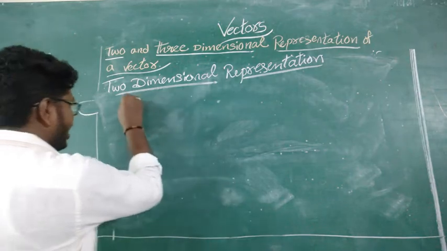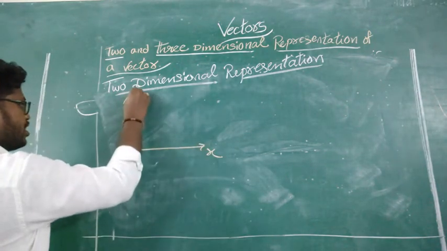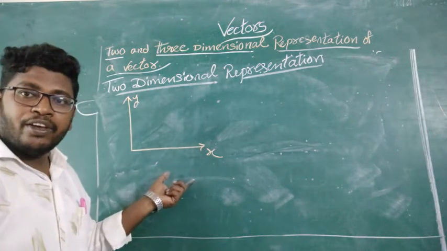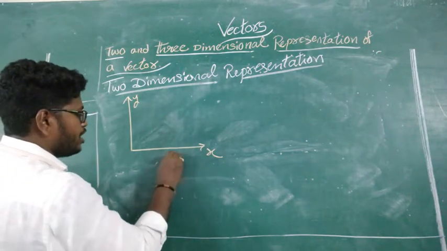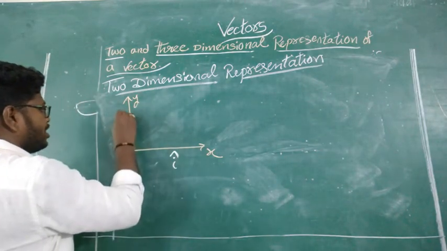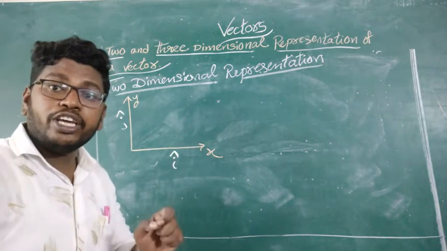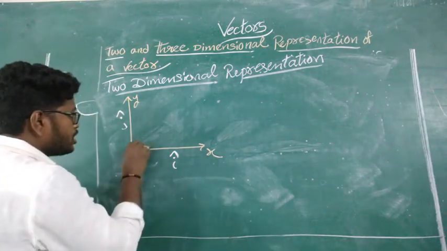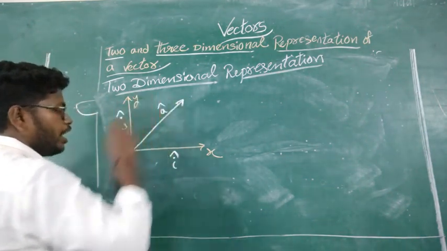So here we consider a plane. This is the x-axis and this is the y-axis. We already know that the unit vector along the direction of the x-axis we consider as i cap, and along the y-axis we consider as j cap. And here we need to imagine a vector a bar which coincides with the origin. So this is vector a bar.